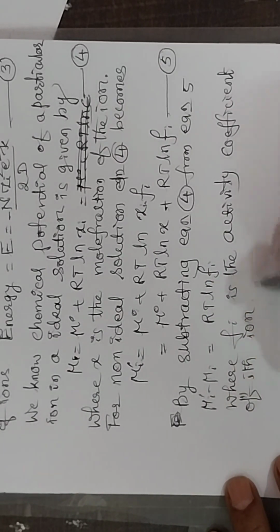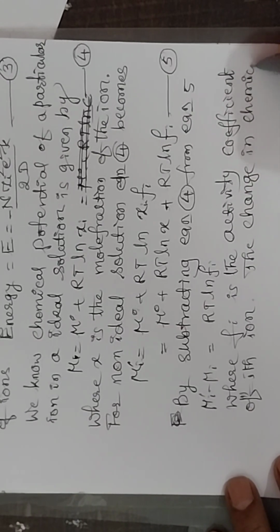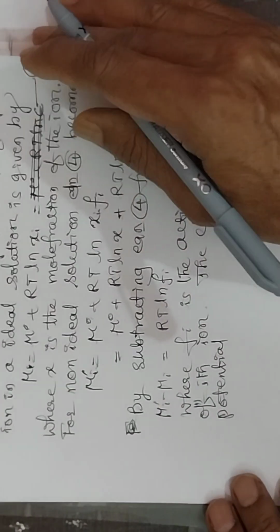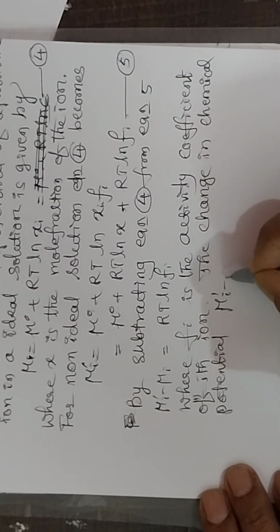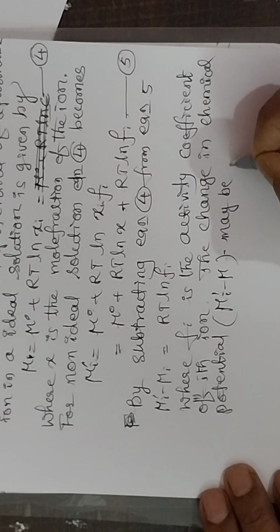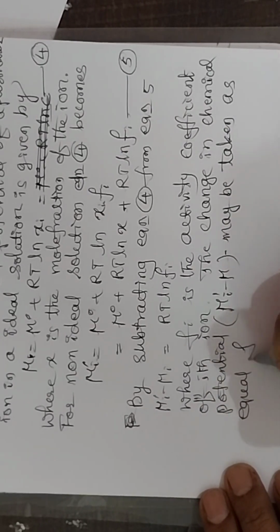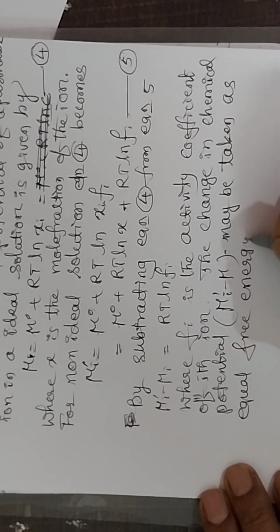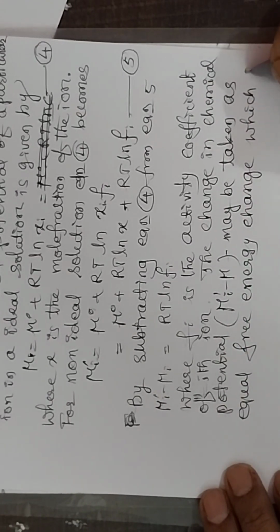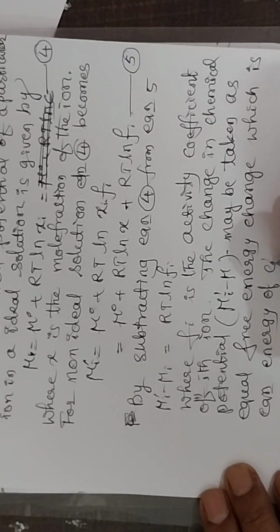The change in chemical potential, that is mu i dash minus mu i, may be taken as equal to the free energy change, which is equal to the energy of a charged body.